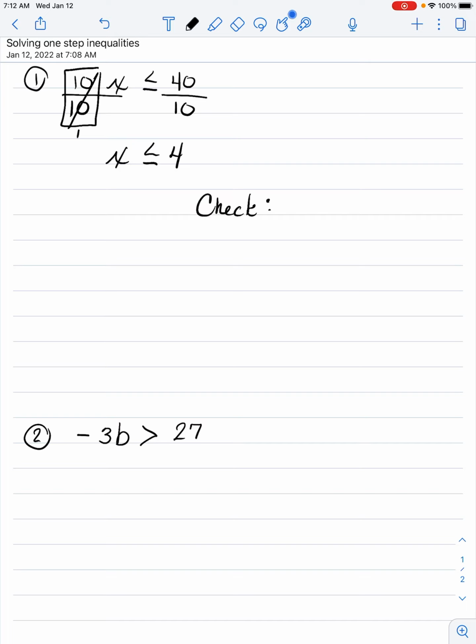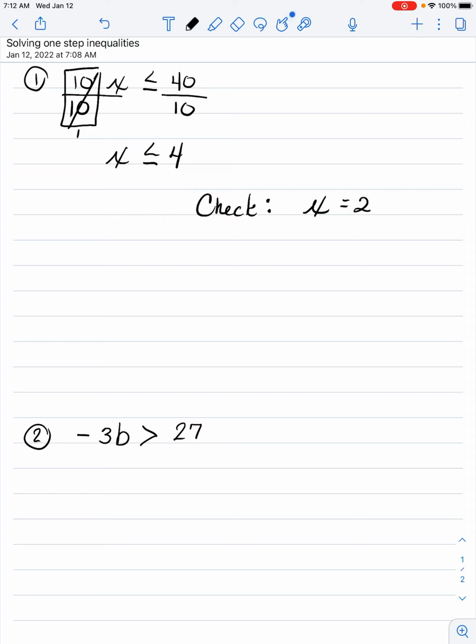Okay, so in order to check, what am I going to do? I'm going to substitute a number in for the variable. So in this case, since my solution has to be less than or equal to 4, I'm going to say my check x equals 2. So let's substitute in.